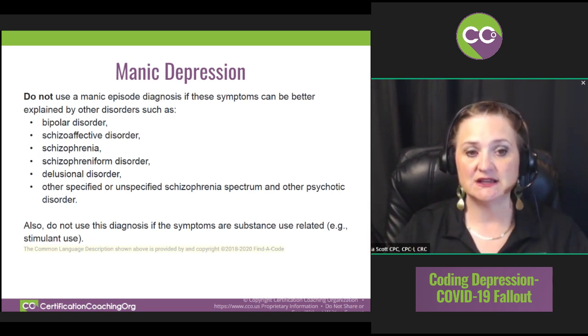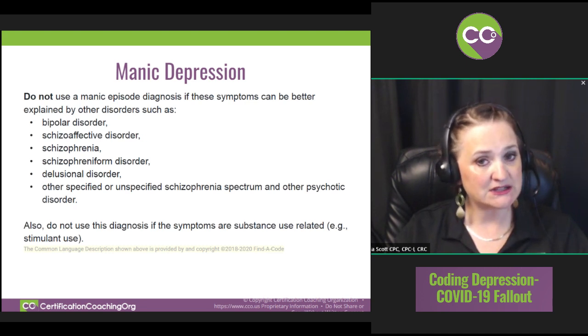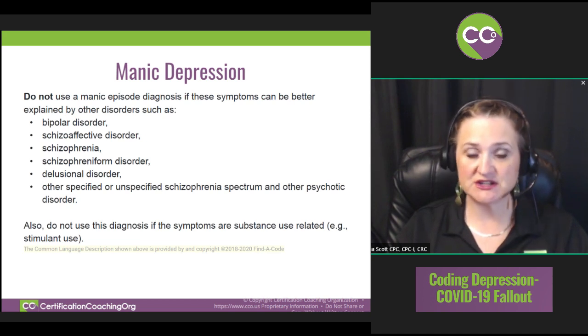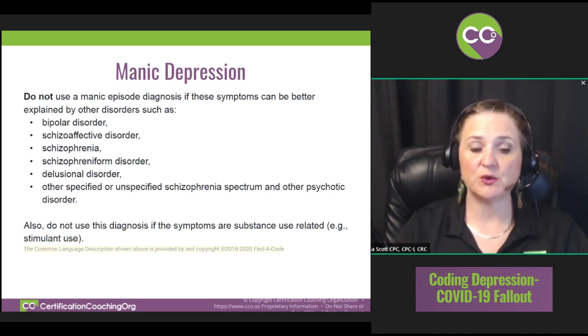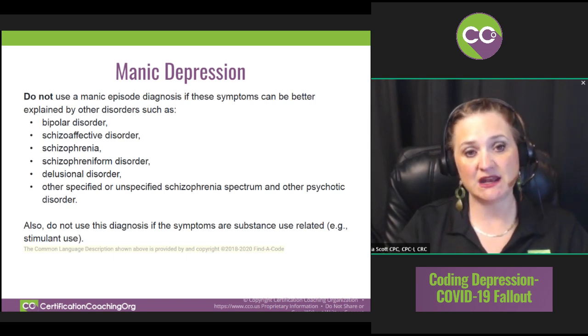Schizophrenia, delusional disorder. So it's not bipolar, but they actually have another disorder called a delusional disorder. There are also spectrums of schizophrenia disorders. So what makes this different is depression.